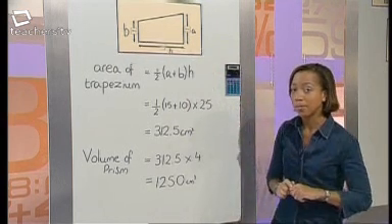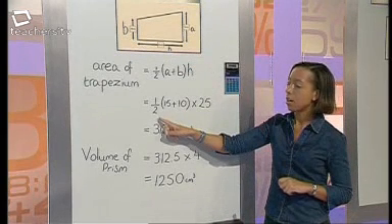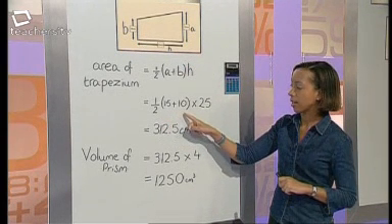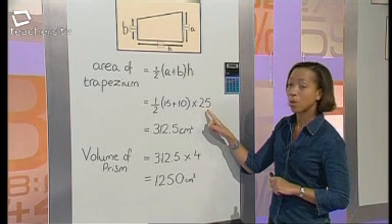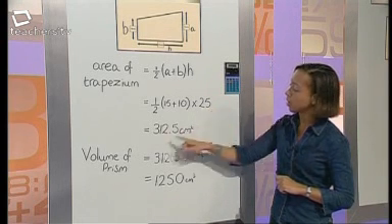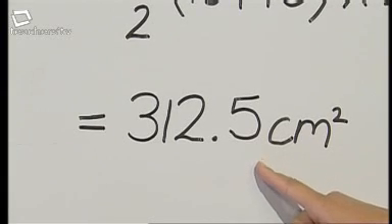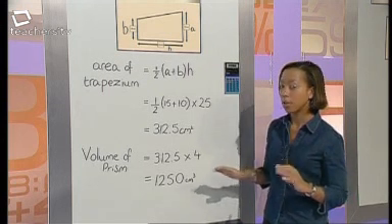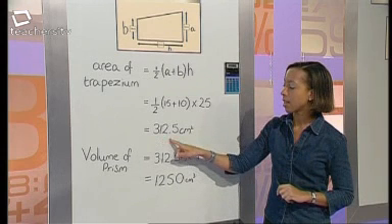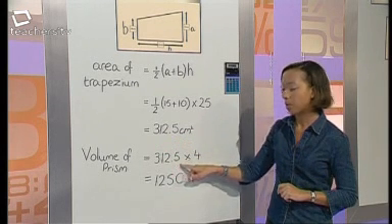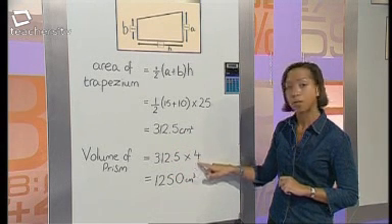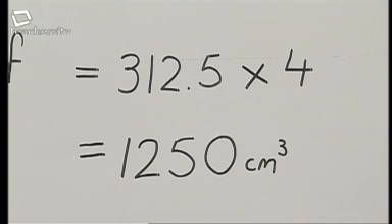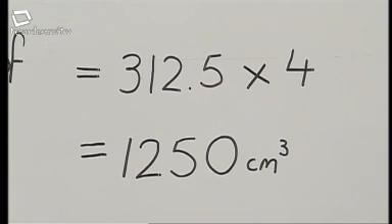For this trapezium, the area is half 15 plus 10 multiplied by 25, which gave me 312.5 squared centimetres. The volume of this prism is this area multiplied by the length, which is 4. So the answer is 1,250 cubic centimetres.